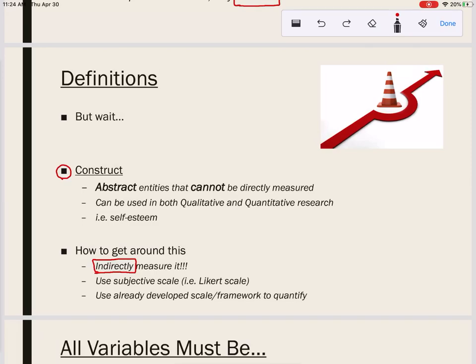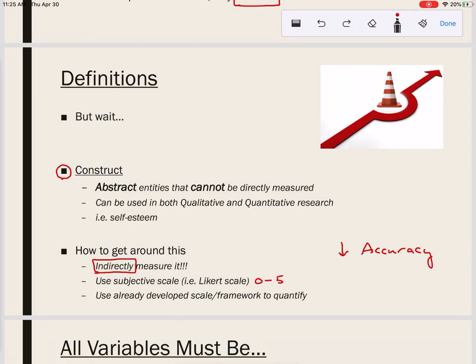So if we want to try and assess something that's more abstract, like self-esteem, we're just going to have to measure it indirectly. And of course, anytime we measure something indirectly, we're going to decrease the accuracy. That doesn't mean we shouldn't do it. It just means that we need to recognize that the accuracy may be a little lower.